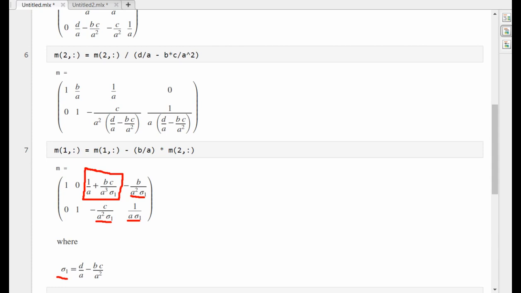That should be d over the determinant of M. Well, to see this, if you factor out a 1 over a out of that expression, I have 1 plus my BC, and then I also have my a squared sigma 1 here.